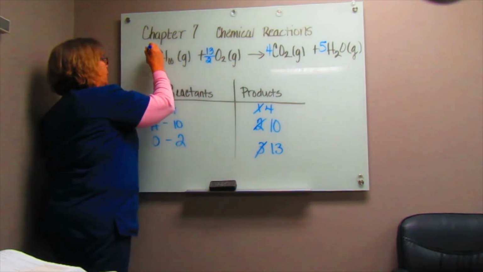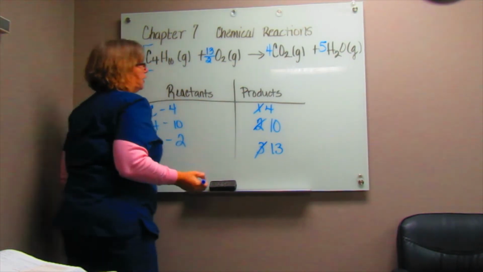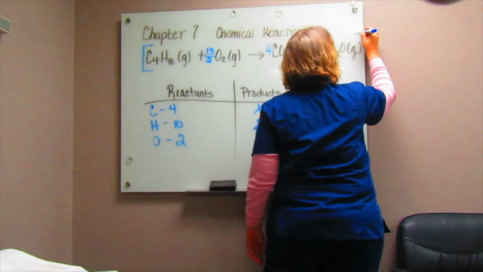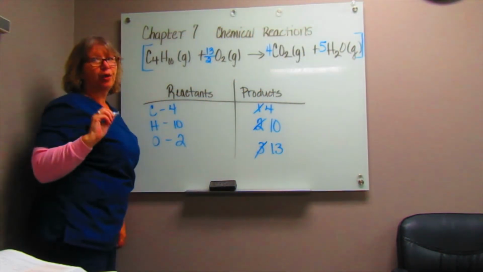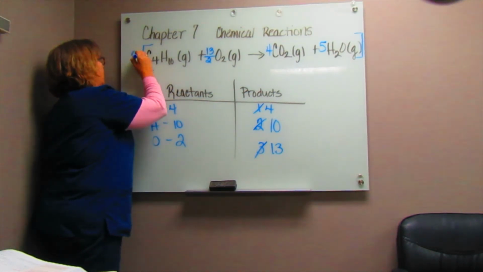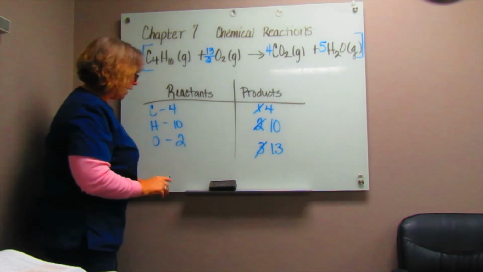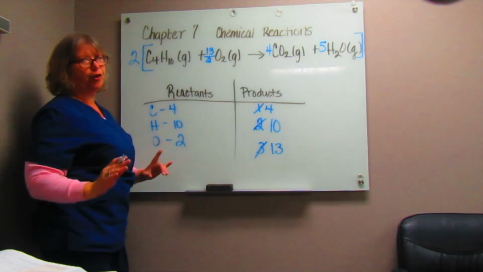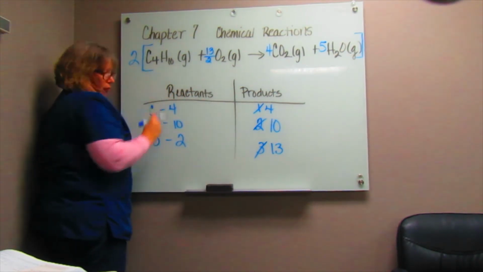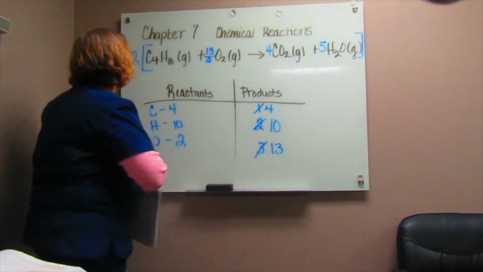And then we're going to take this entire equation and multiply it by 2. And when we do that, it gives us an altogether new equation, right? So the new equation looks like this.